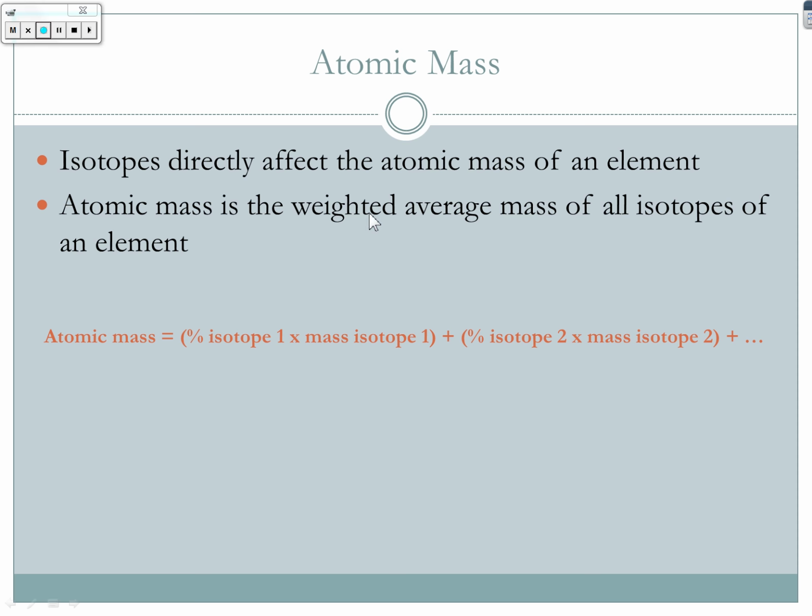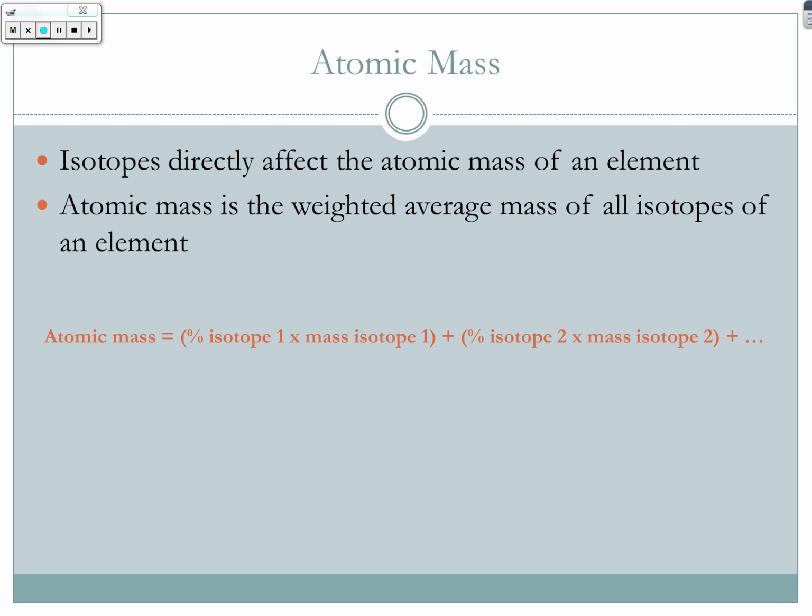This word weighted right here means that the more an isotope is occurring, the more it's going to affect the atomic mass. So, for example, with U-235 and U-238, U-238 is the most predominant isotope.